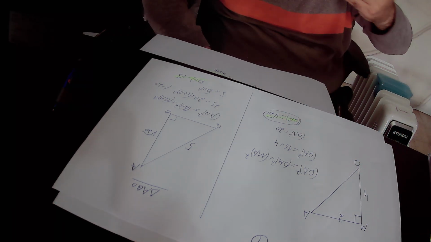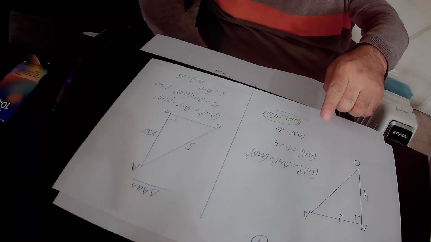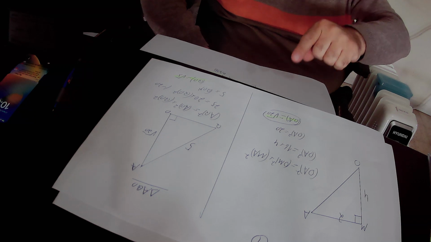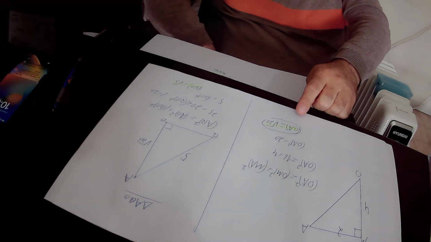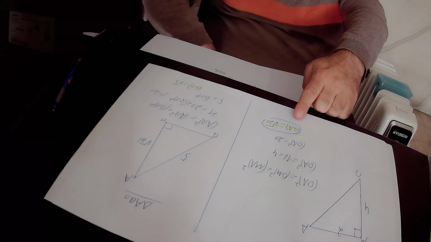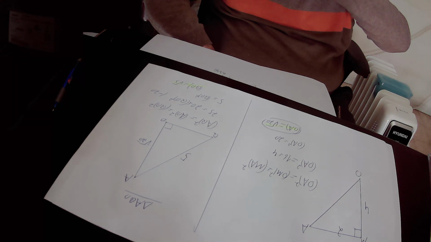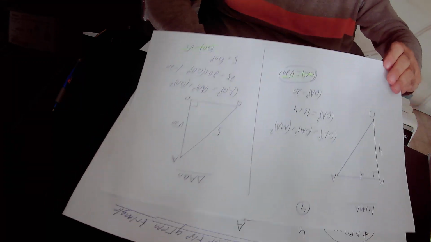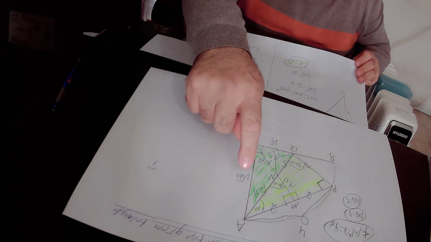MA equals 2, therefore MA square equals 2 square, that is 4. So OA square equals 16 plus 4, that is 20. We took the root out of this equation and found out finally that OA equals the square root of 20 units. So I wrote down here in the drawing that OA equals the square root of 20 units.